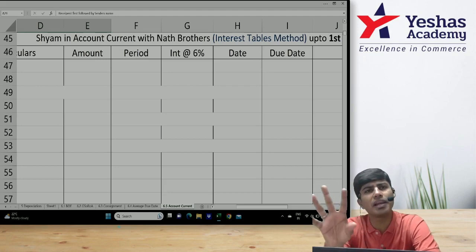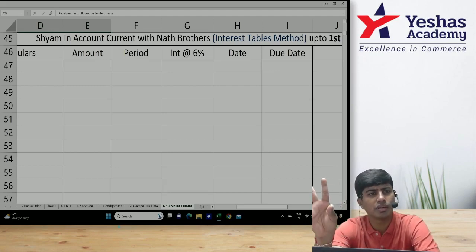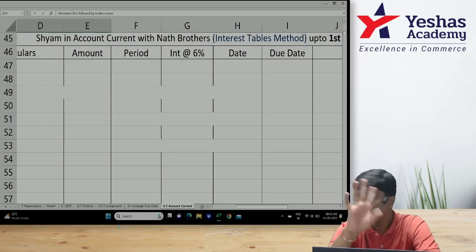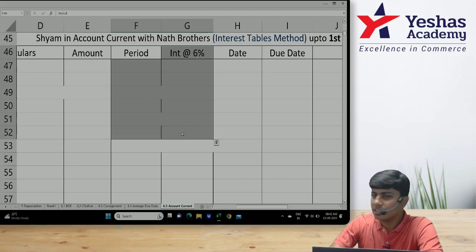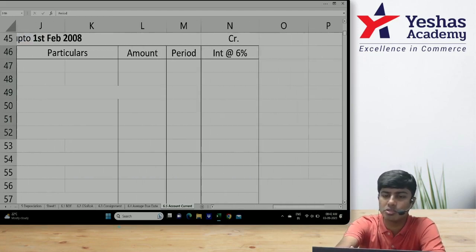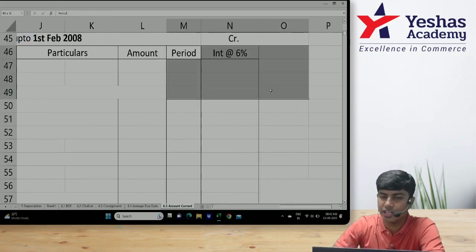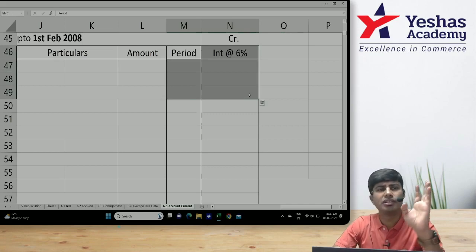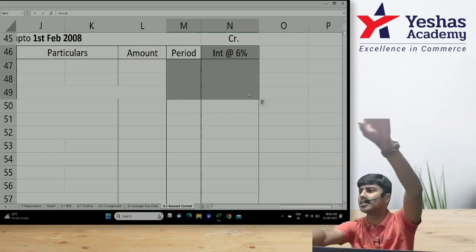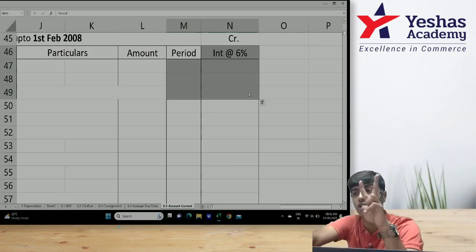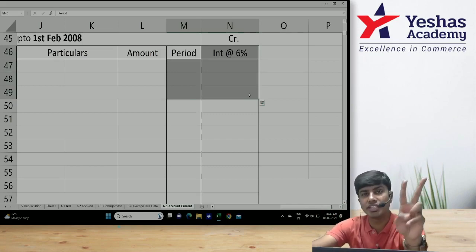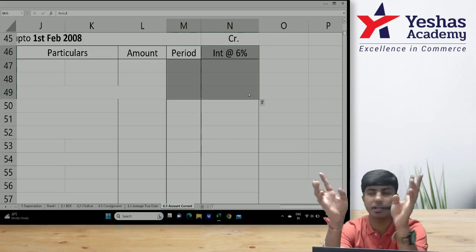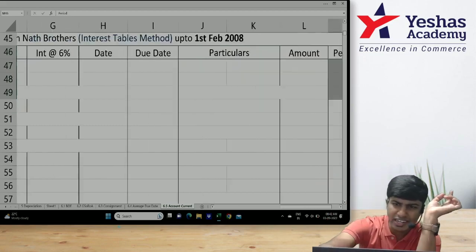You prepare a simple ledger account as you used to prepare in chapter 2, unit 2, with two extra columns, period and interest, on both the debit side and the credit side. So a simple ledger: debit, credit, date, particulars, amount, and two extra columns, period and interest. Got it? We'll quickly do the first problem.